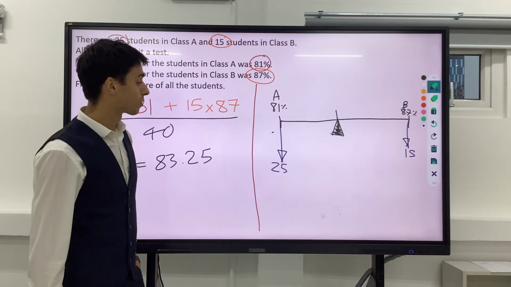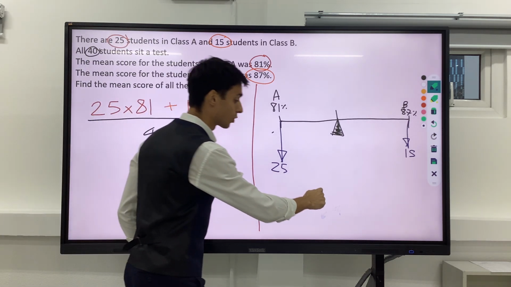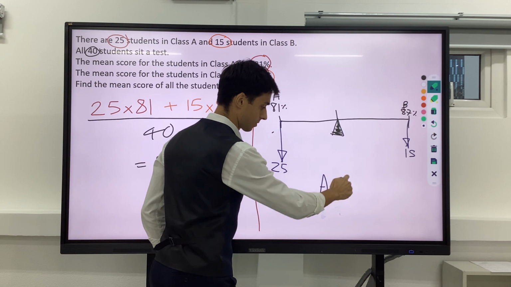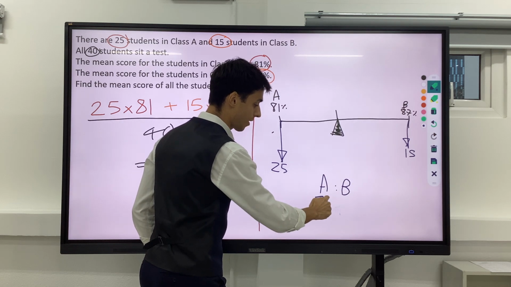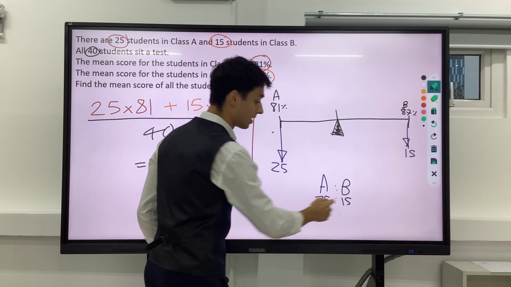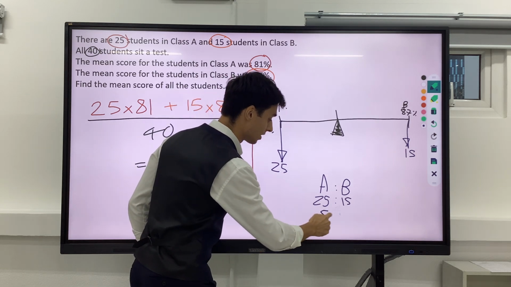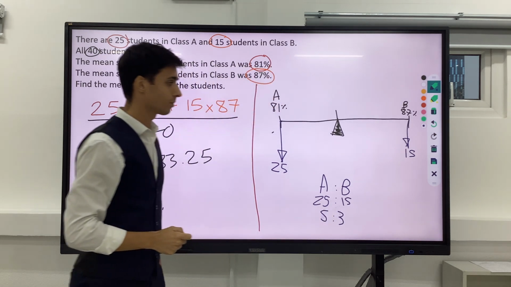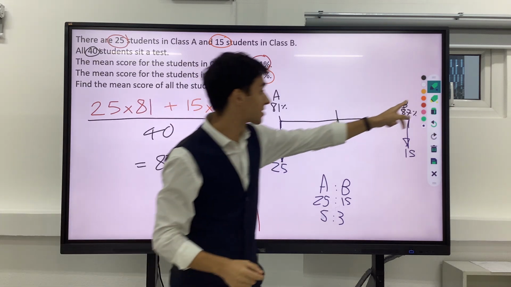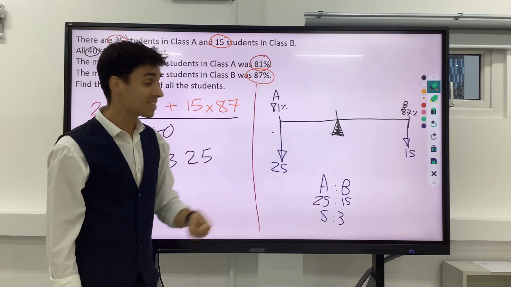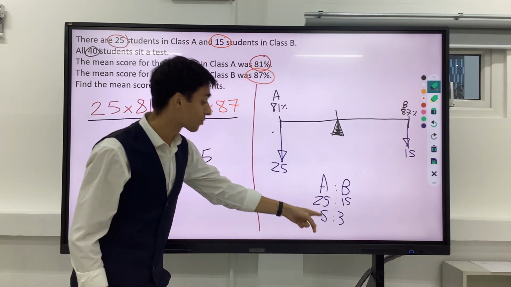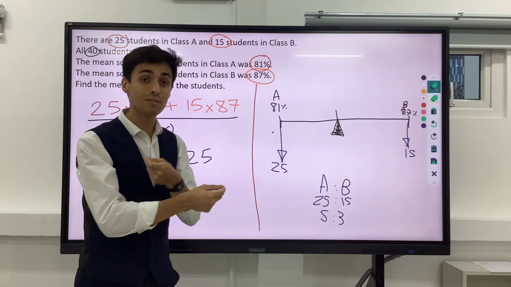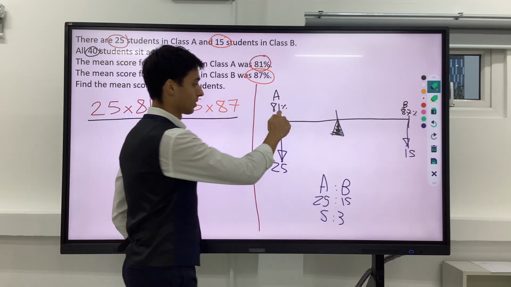The way we decide on the distances is by the ratio of people in the groups. So let's think about the ratio of group A to group B. It's 25 to 15, and we can simplify that down as 5 to 3. This means the ratio of the distances must be 3 to 5, the inverse of the weights.